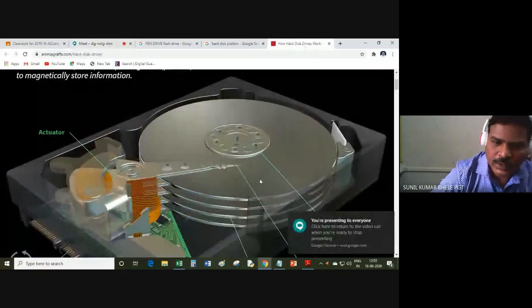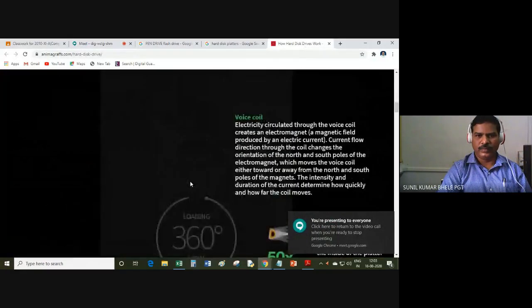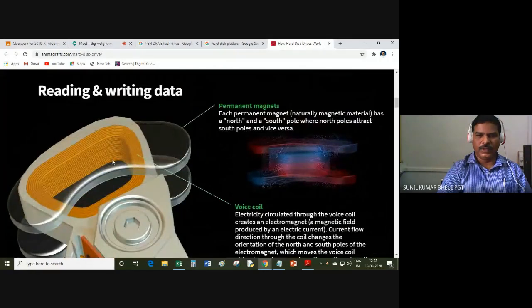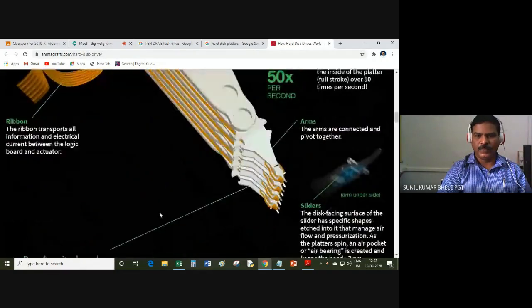So this is the working of the hard disk actually. You can see coils on this read-write head. These are the arms connected.